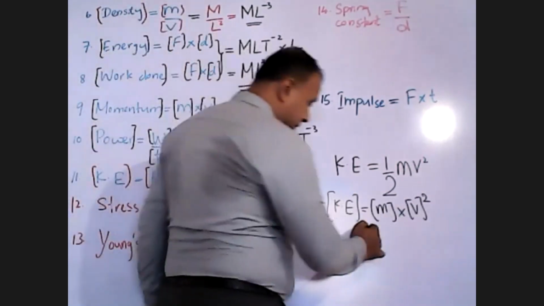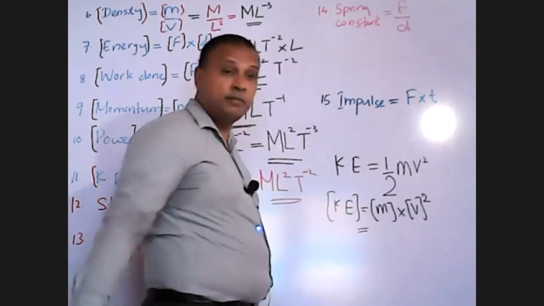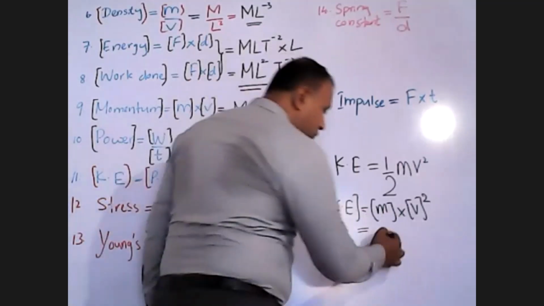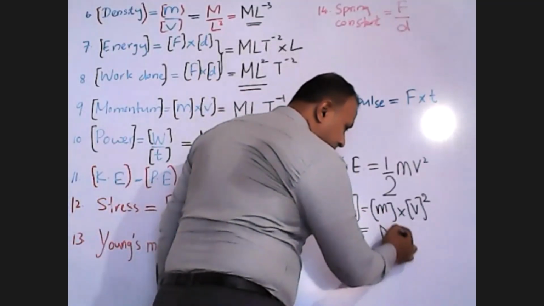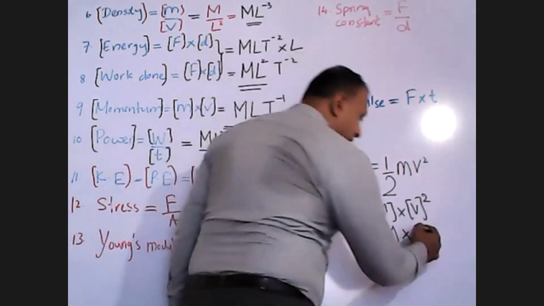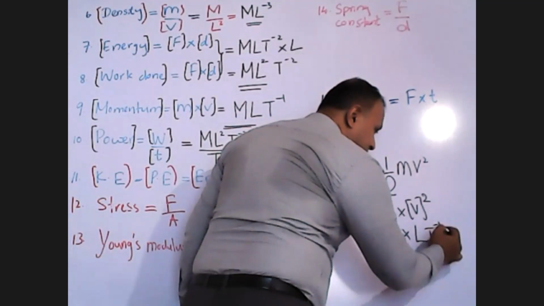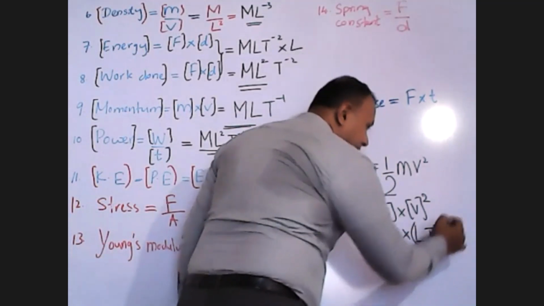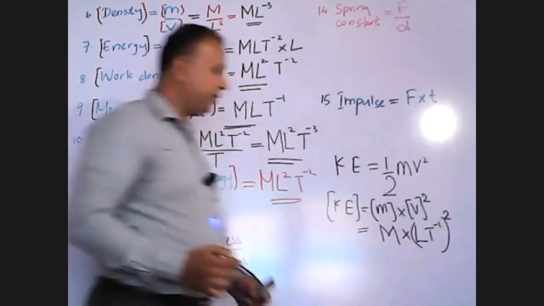Dimension of m is equal to M. Dimension of v is equal to L T minus 1. We have to take its square.